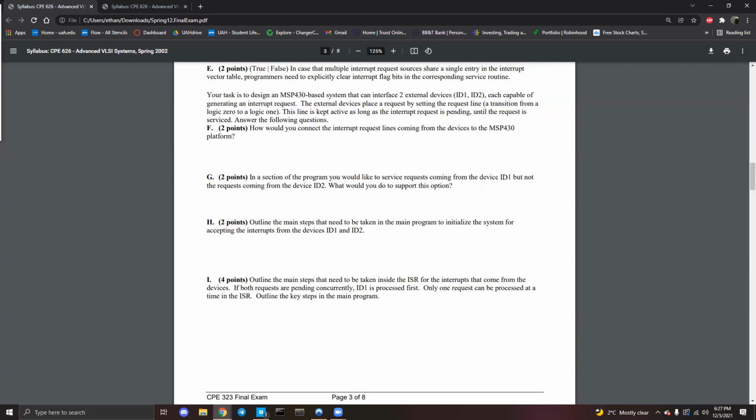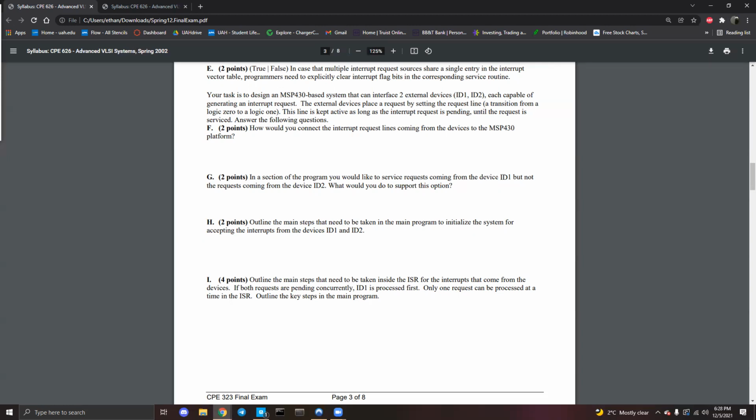His whole answer for this is that we can reset the appropriate bits in the pin interrupt enable register to enable selective masking. So in this area, you could just say, I don't want anything coming from ID 1 in this block. You can mask the interrupt enable coming from whatever pin you connected ID 2 or ID 1 to, and vice versa. That's just interrupt enable masking.